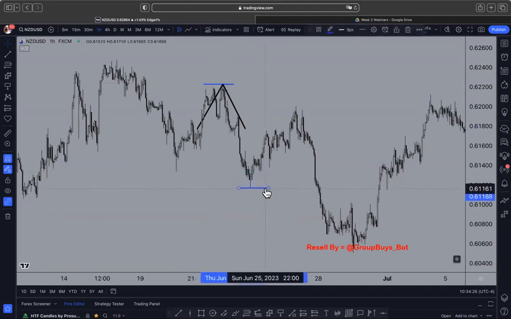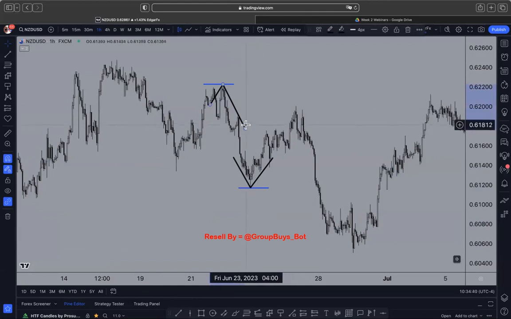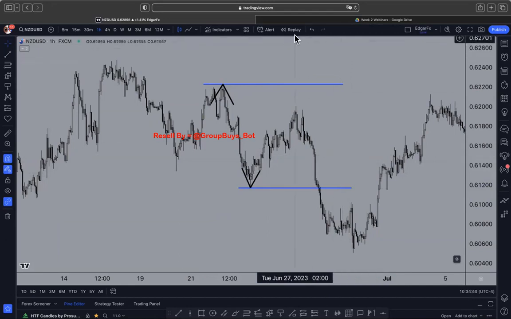Down to this low. You guys see the low? Yes. And you guys see the high. Yes. That sets a range, right? Drag that out. That's your price range.